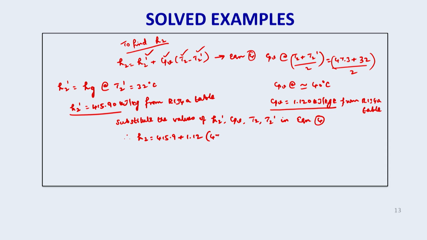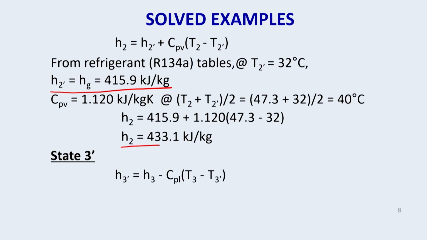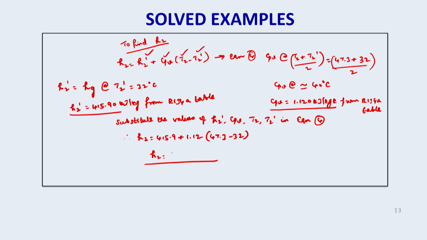T2 is 47.3, T2 dash is 32, the condenser temperature. H2 is equal to 433.1 kilojoule per kg.